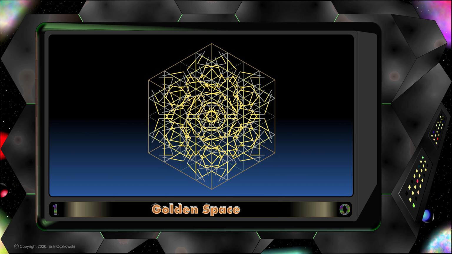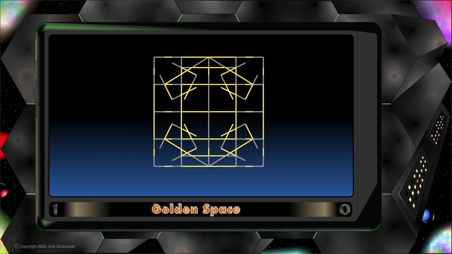Here is a perspective view and the side view, and this is the golden space, which is offering important possibilities. Because now we can mark the essential points of intersection, marked here in red.